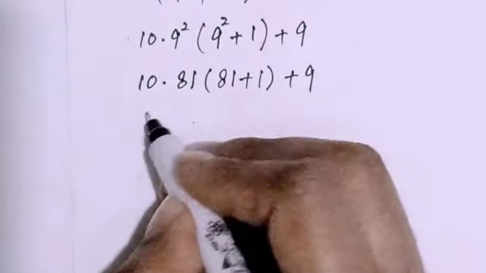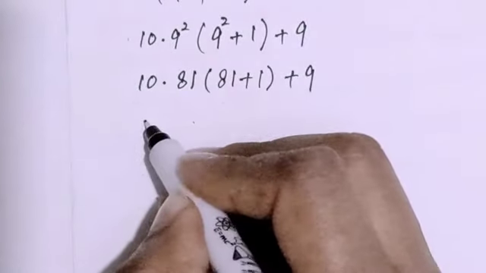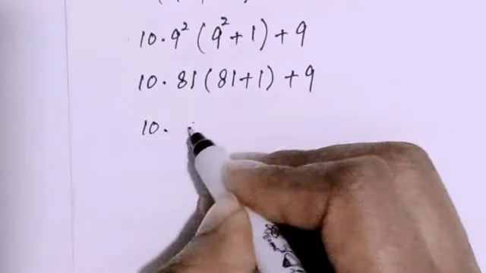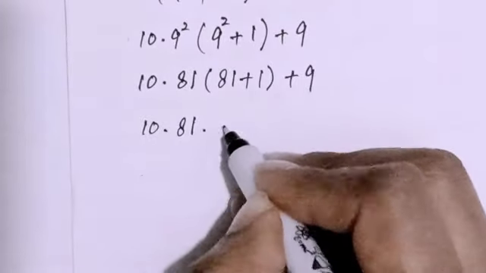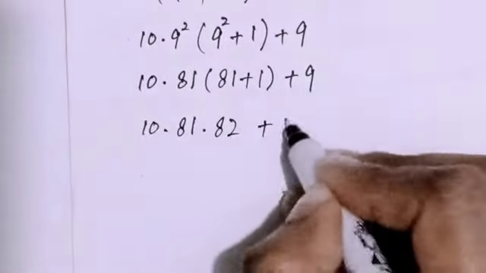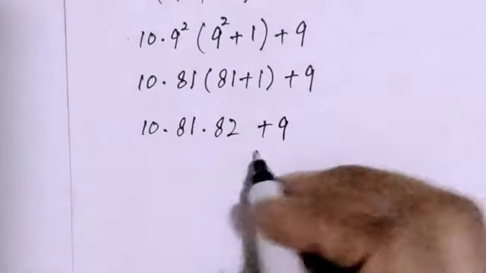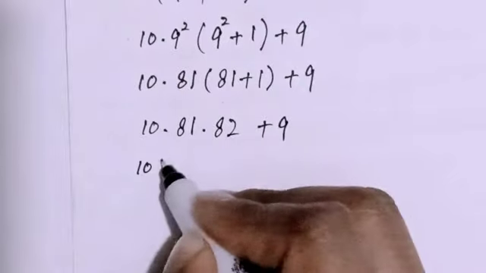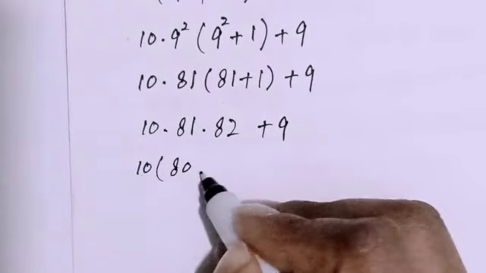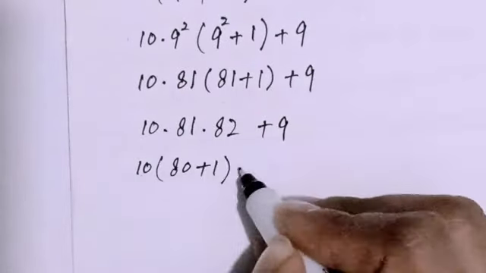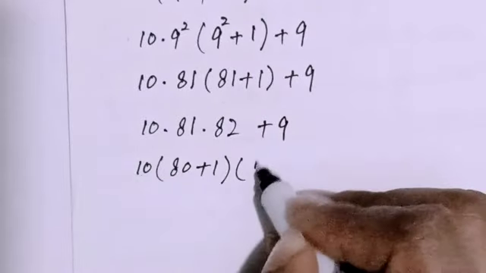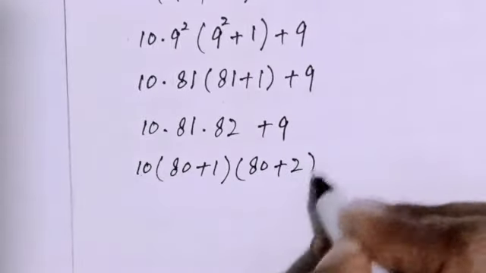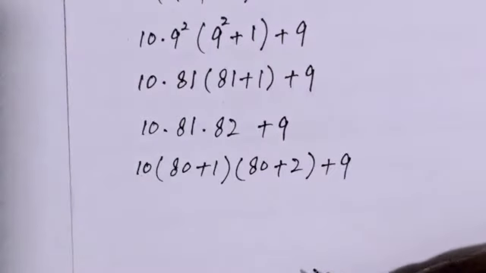So next I can write this as 10 times 81 times 82 plus 9. So I can write this as 81 can be written as 80 plus 1 and 82 can be written as 80 plus 2, plus 9.